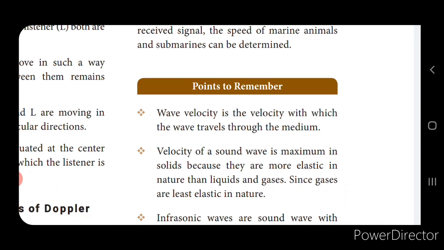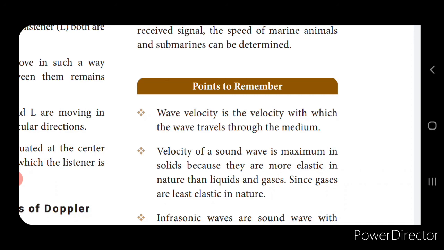So far in this lesson we have learned about sound as longitudinal waves. We have seen the difference between sound waves and light waves, how to calculate the velocity of sound, both the particle velocity and the wave velocity, and the factors affecting the velocity of sound. We saw the reflection of sound, especially the reflection at the boundary of a denser medium, the reflection at the boundary of a rarer medium, and the reflection of sound in plane and curved surfaces.